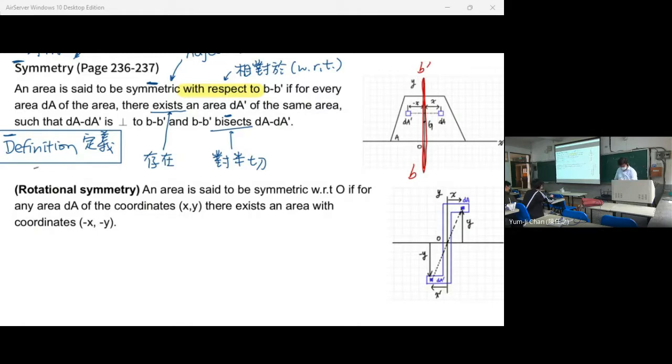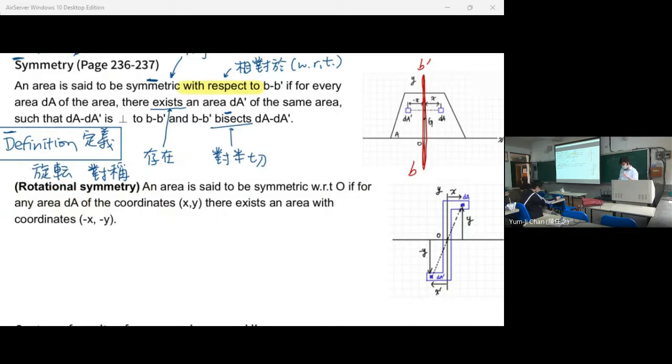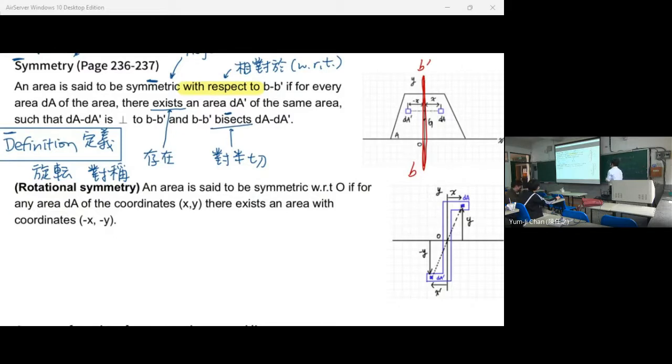An area is said to be symmetric with respect to O if for any area dA at (x, y) there exists an area with coordinates (negative x, negative y). So we have two types of symmetry. I will give you another example of symmetry in a minute.